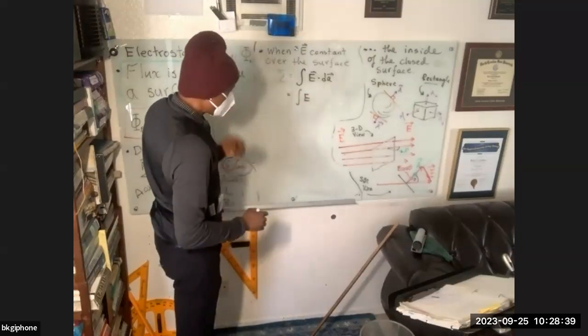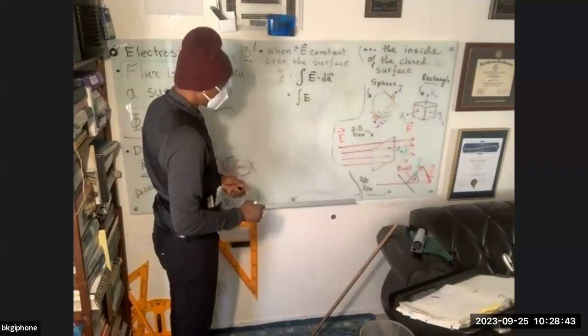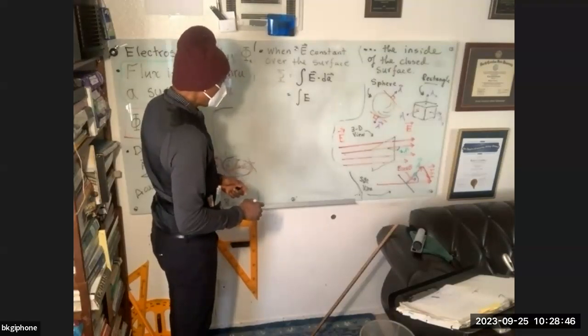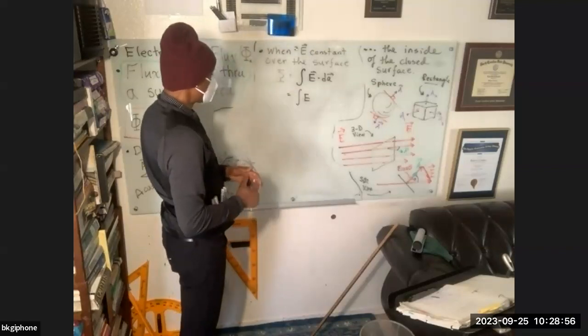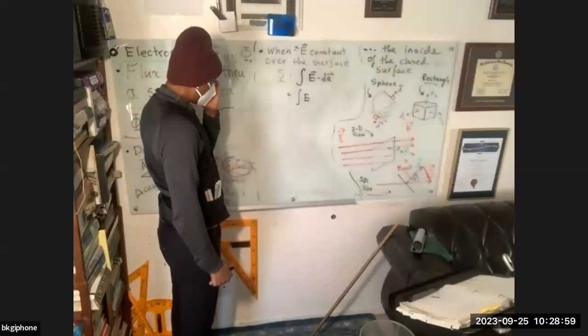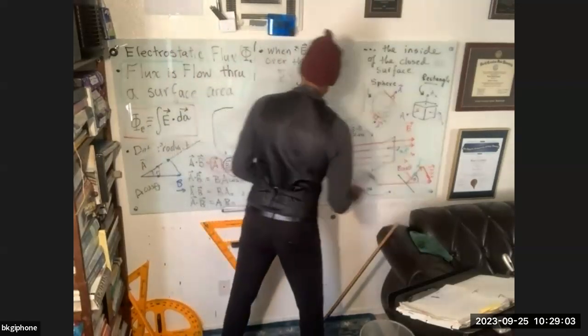That's not a really good drawing, because I did make it at an angle. So the simplest case, I guess, is where E is constant over the surface and perpendicular to the surface.